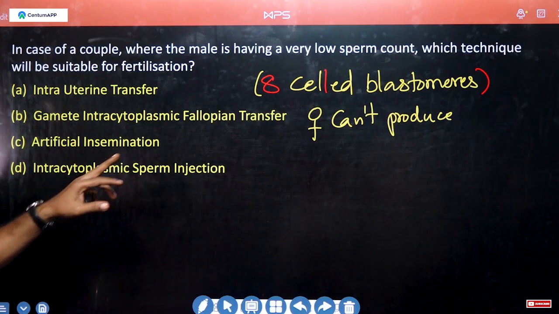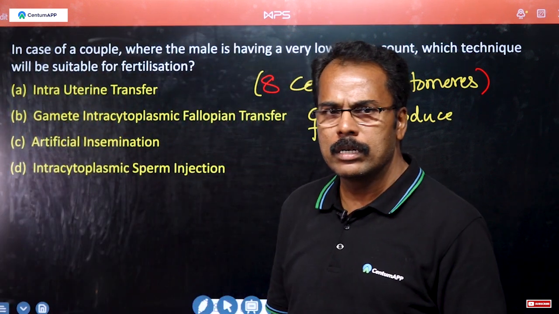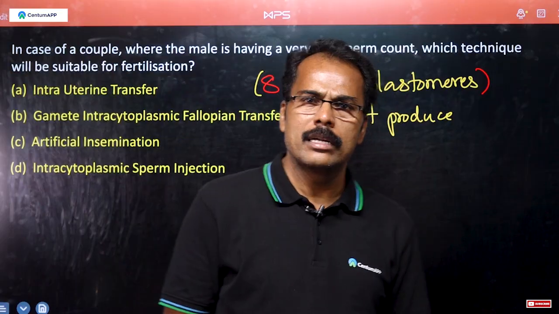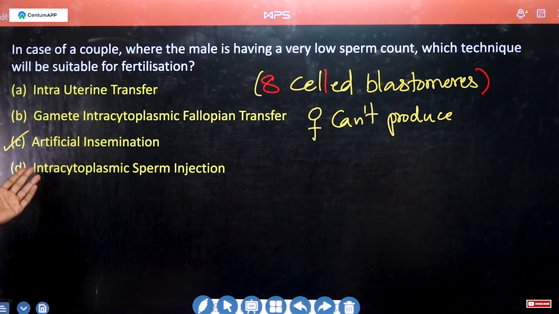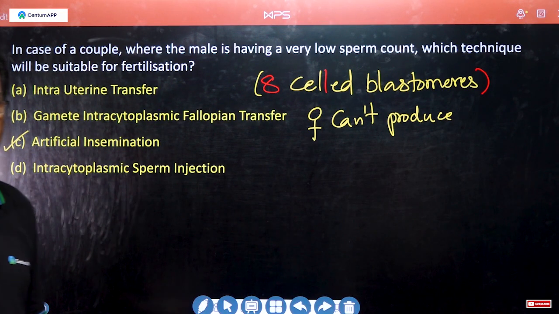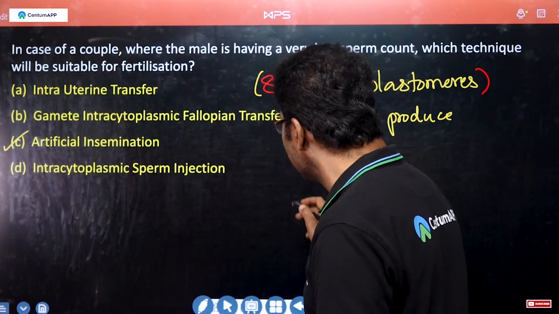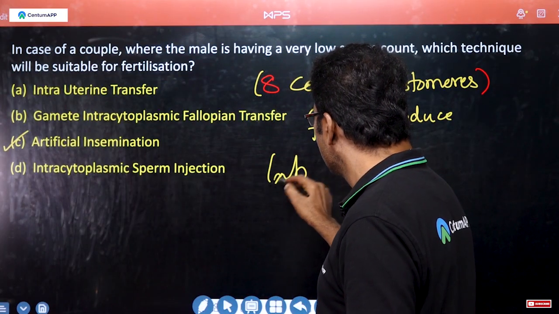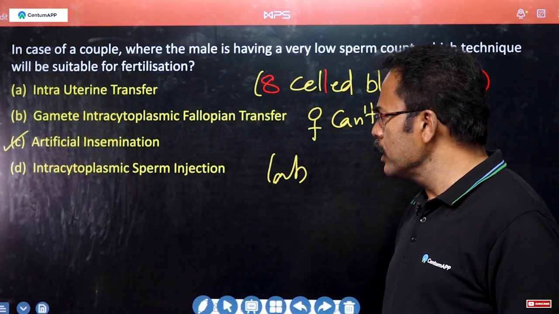Next, artificial insemination. Artificial insemination is a process in which semen is taken from the donor to the recipient. So, it could be the correct answer. Whereas the fourth one, intracytoplasmic sperm injection, can occur in the lab where the male cannot produce the sperms properly.